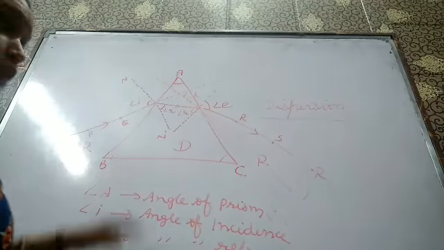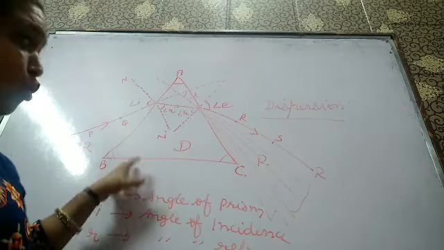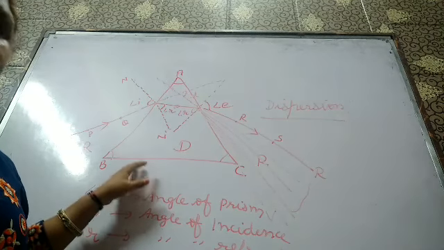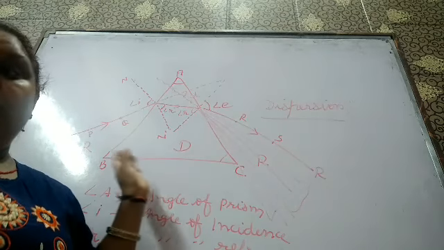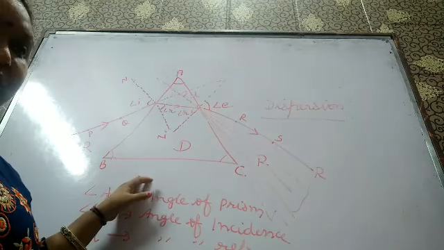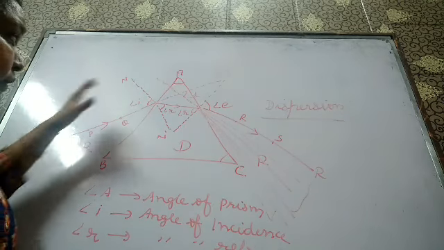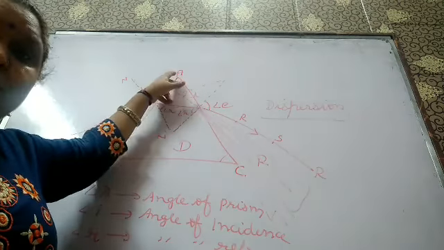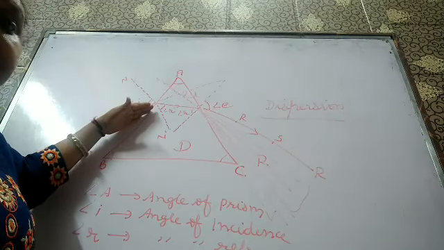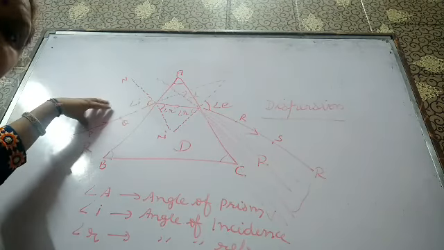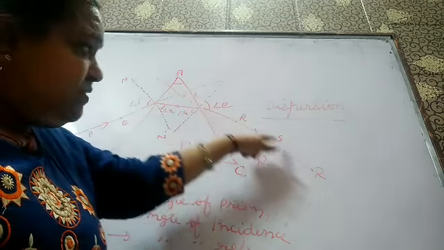This is a question which was asked many times in our board exam: show how refraction takes place through a glass prism. Whenever this question is asked, you have to explain it with the help of an activity. Take a drawing board, fix a white sheet on it, take a triangular prism and label it A, B, C, draw the outlines, put one incident ray, and on that ray keep 2 pins, and the images of these pins we can see here.